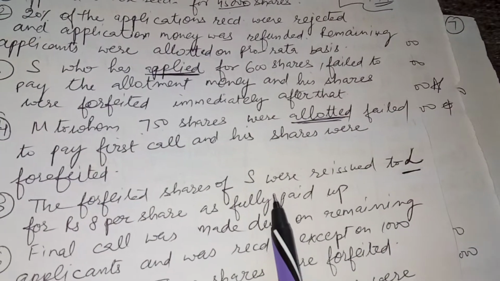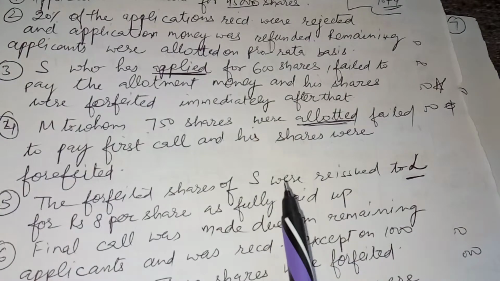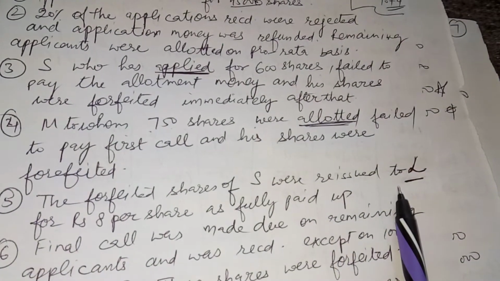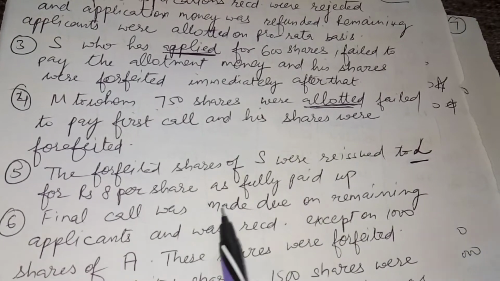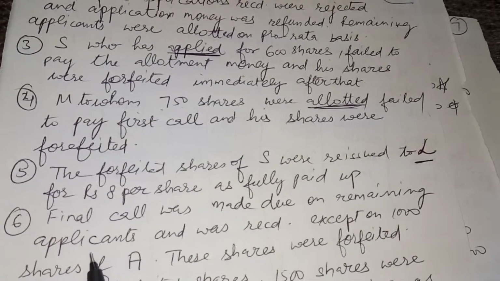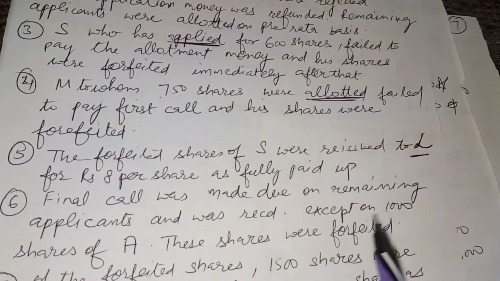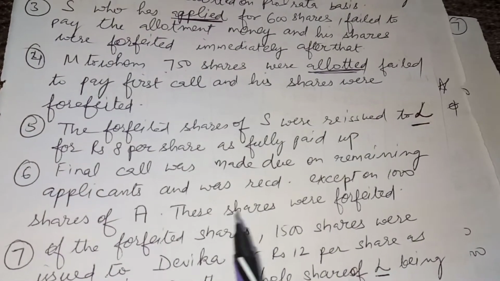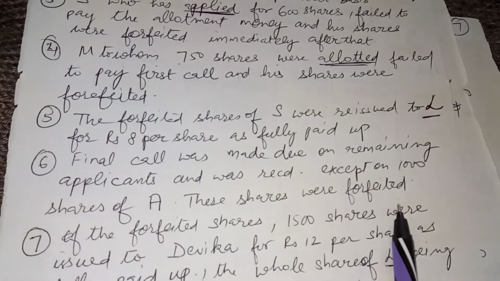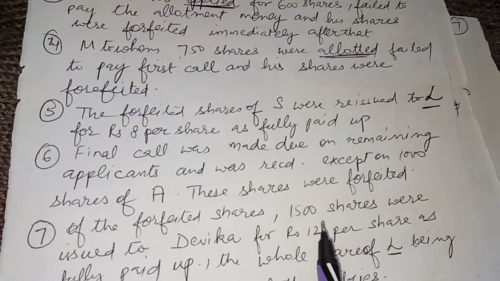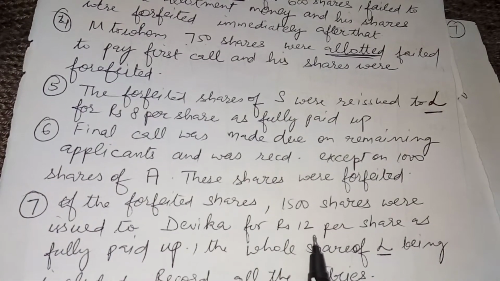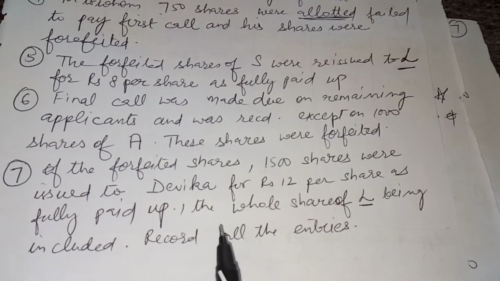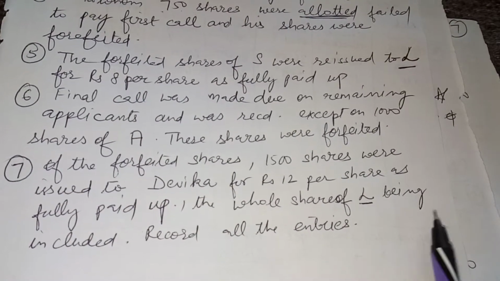The forfeited shares of S were reissued to L for rupees 8 per share as fully paid up. The final call was made on the remaining applicants and was received except on 1000 shares of A, and these shares were forfeited. Of the forfeited shares, 1500 shares were issued to Devika for rupees 12 per share as fully paid up, the whole share of L being included.